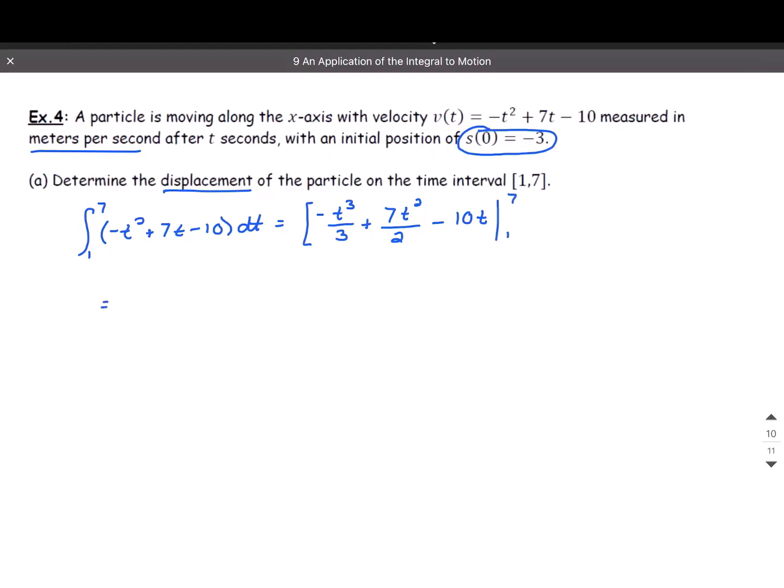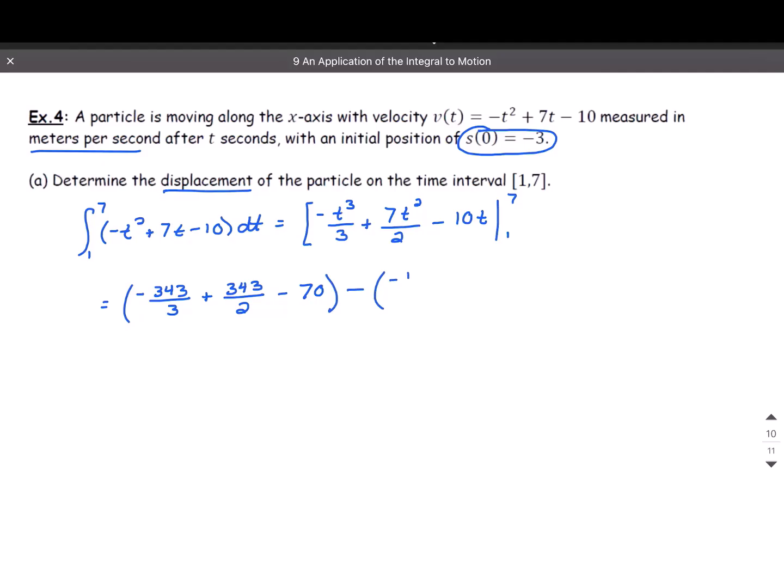So now, when we substitute in, we're going to have the negation of 7 cubed, which is 343 over 3, plus, well, 7 times 7 squared is 7 cubed again. That's 343 over 2, minus 70, minus, now we substitute in the lower limit.